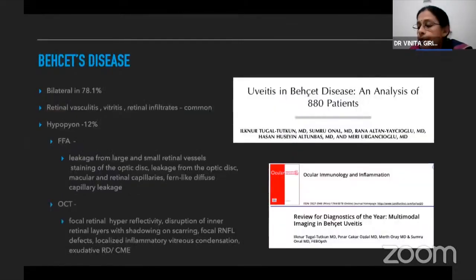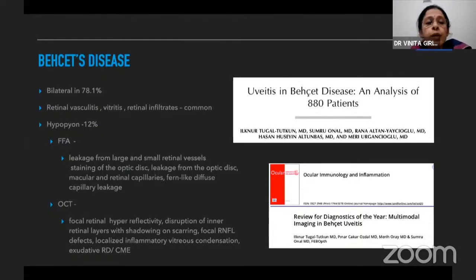If you look at the literature, one of the largest series of Behçet's disease is from Turkey, published by Ilknur Tugal-Tutkun, who has shown that even in their series, almost 20% of cases are unilateral, which means that you can have an asymmetric presentation of Behçet's disease.